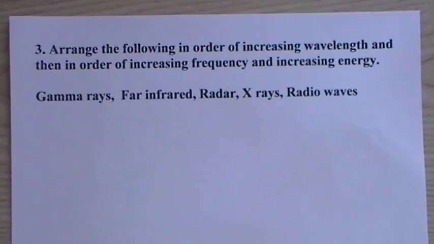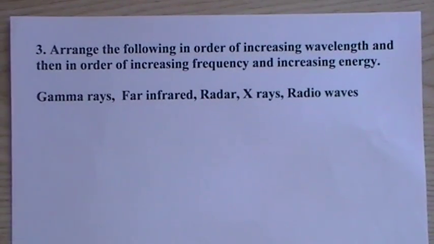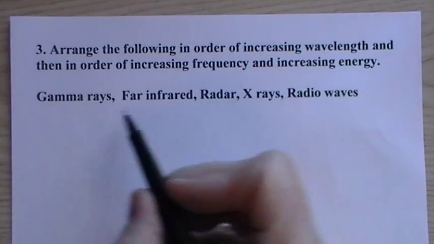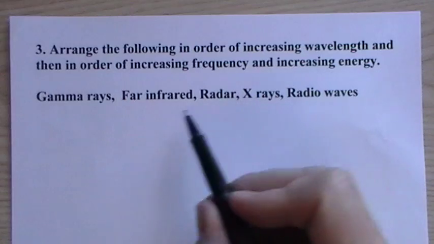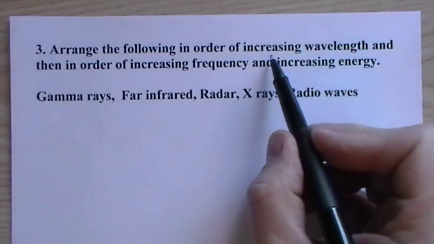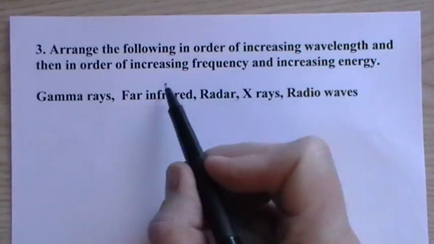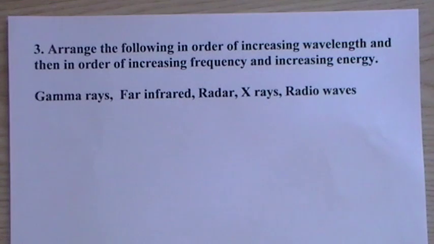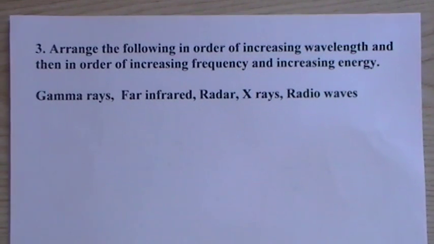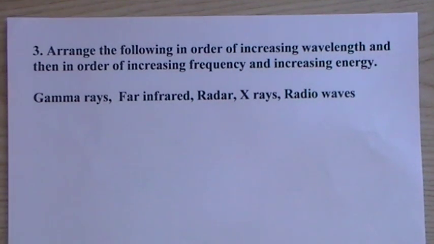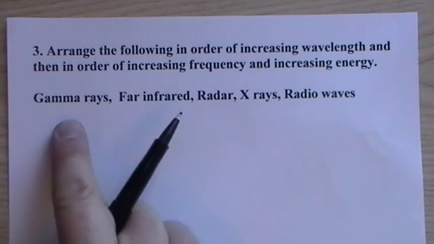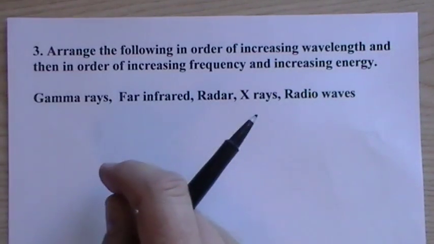And then we have this arranged in order. Okay, so we want to arrange these types of EM radiation according to wavelength, increasing frequency, and increasing energy. For my class, I just give you the EM spectrum, and we find that gamma rays are the highest in energy.